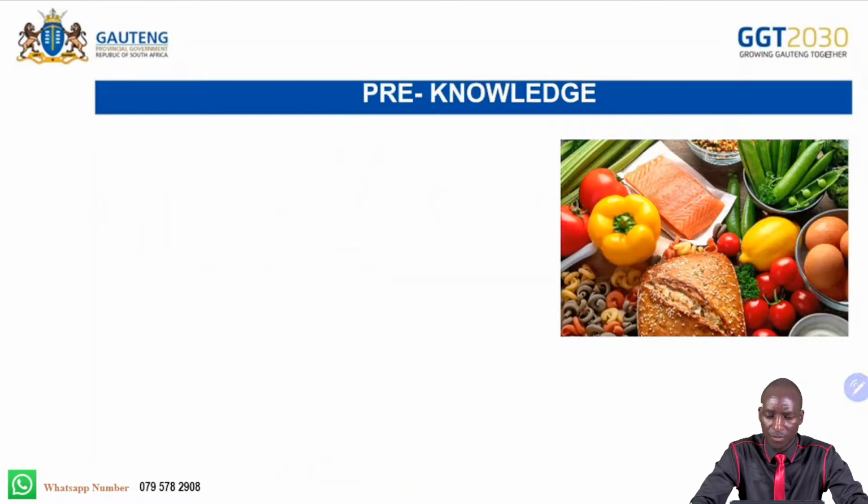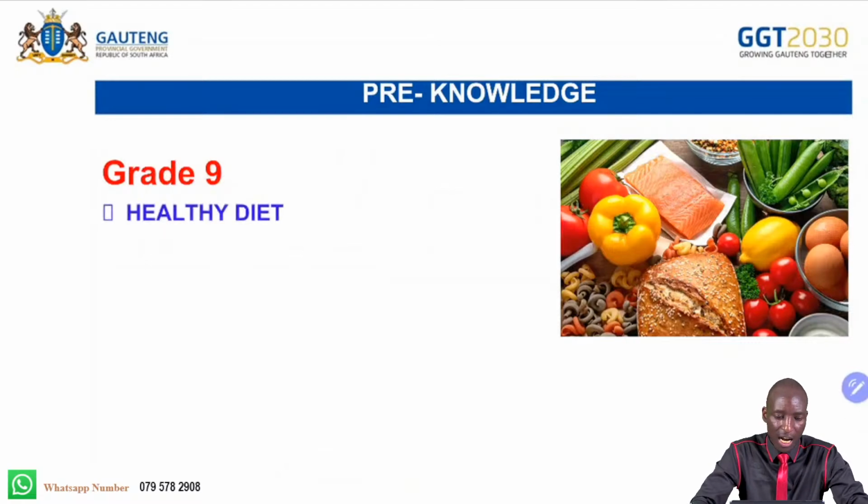We need to recall the topic we recently did in grade 9, healthy dieting, where we discussed a nutritious diet, a balanced diet, and all the foods that we need to eat so that our diet stays healthy. On the picture there, you can see a number of food types that are very essential for our diet. So we need to recall that.